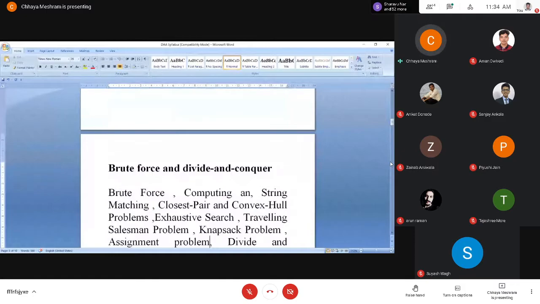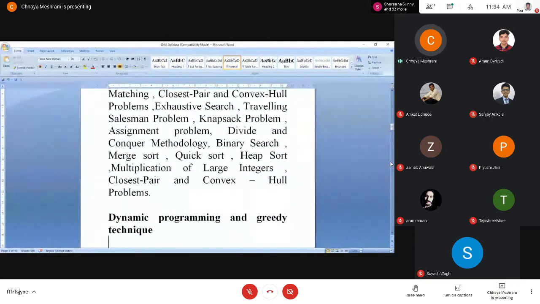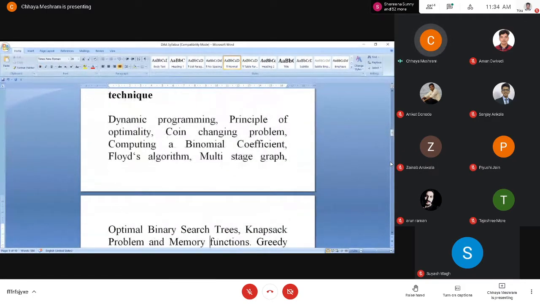Secondly, we have the divide and conquer strategy. Under this strategy, we study the different algorithms which follow it. As I told you, divide and conquer means dividing the list into sublists and performing the operation, then again dividing the sublists into two or more parts and performing the operation again.